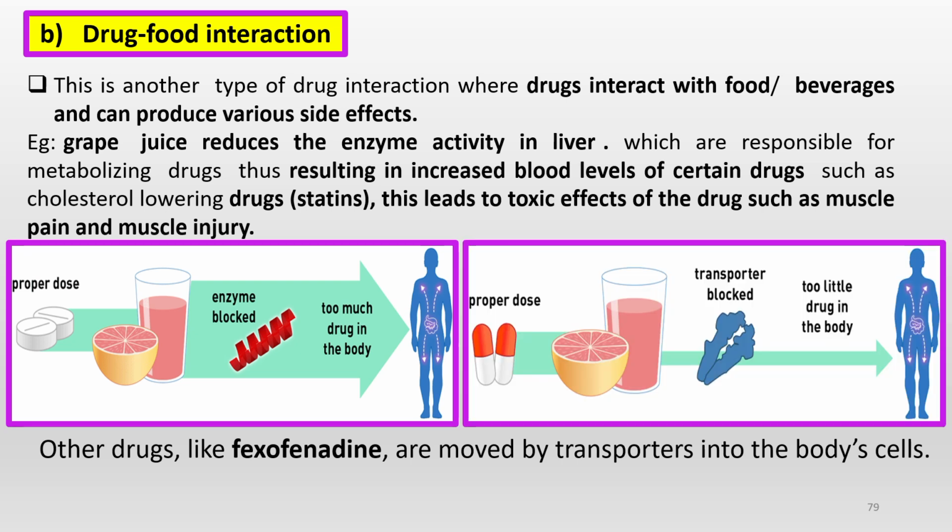You can say here the transporter is blocked, so the drug will be reduced. There the drug will be increased. So here the drug will be reduced. So both of them are drug and food interaction when you take grapefruit juice.